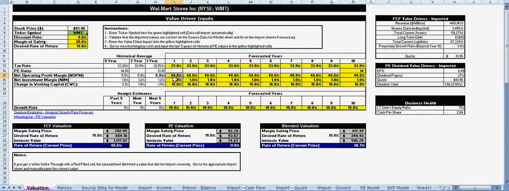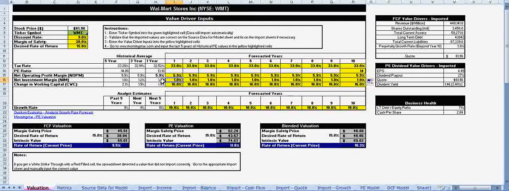And then for net operating profit margin, that's 5.9. It's pretty consistent, so you ought to be pretty safe with that, unless something drastically changes in the environment that this company is playing in. So I'd use 5.9 there. Net investment margin ranges from 1.8 as an average to 1.2, which is the current.